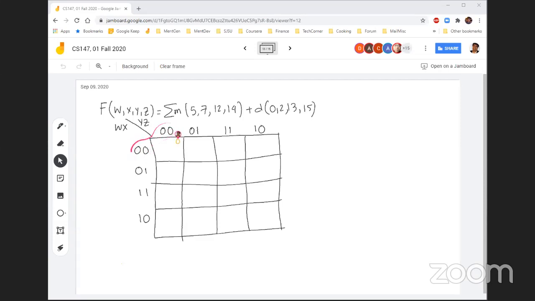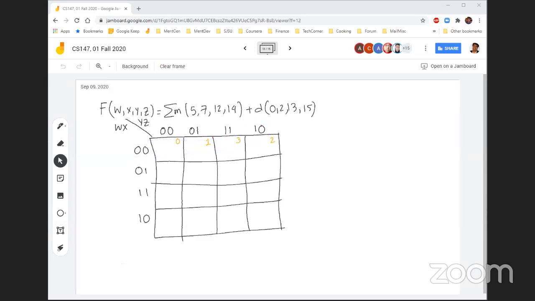Then we combine row 0 0, column 0 1, right? That becomes 1. Then we combine 0 0, 1 1, this one. That becomes 3. And then we combine 0 0, 1 0, so in decimal it is 2, right?